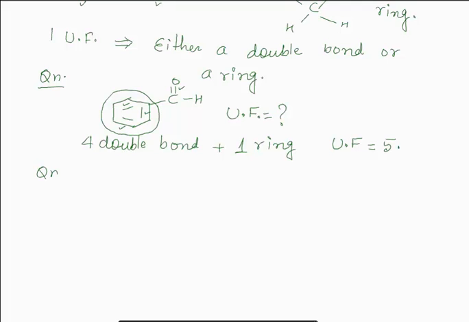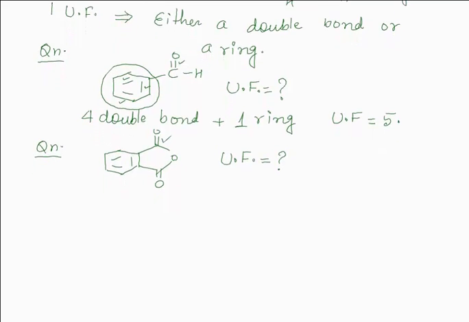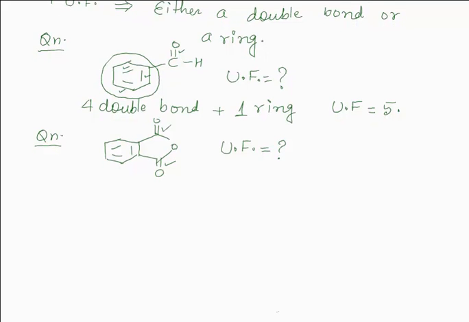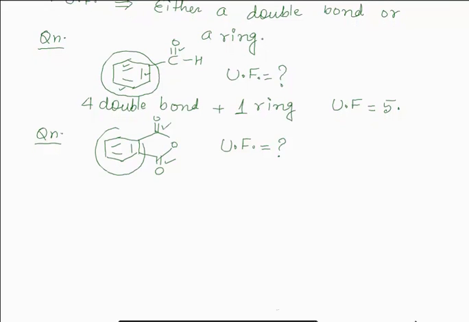So let us try to find unsaturation factor for this compound. You see we have 3 double bonds inside this ring, that is benzene, and 1 double bond here and 1 double bond here. So we have total 5 double bond.